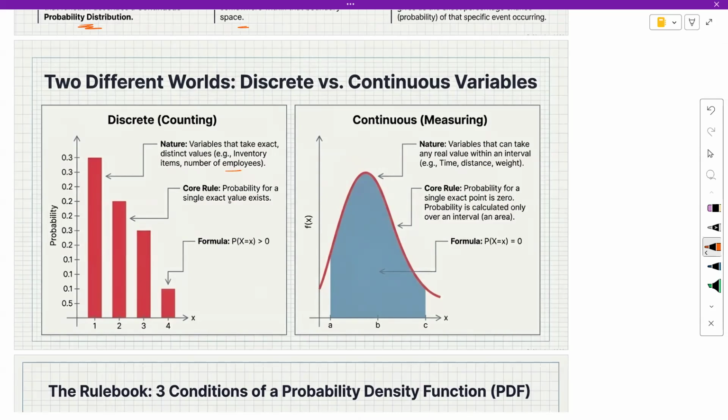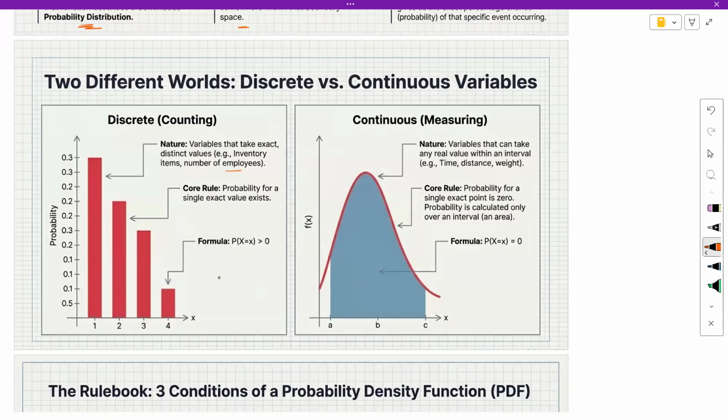Core rule: the probability for a single exact value exists. For example, when we throw a 6-faced die, its outcomes are 1, 2, 3, 4, 5, 6. Each value, say getting score 1, has its own probability, 1 over 6.